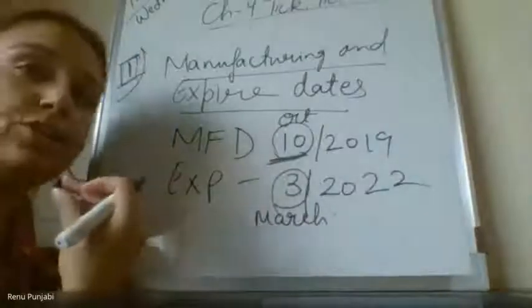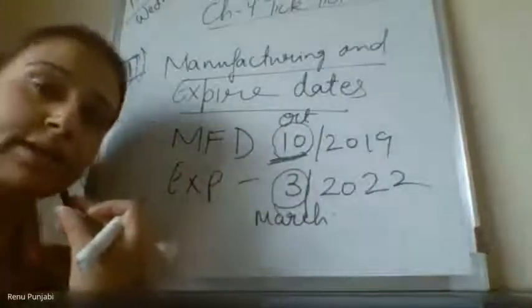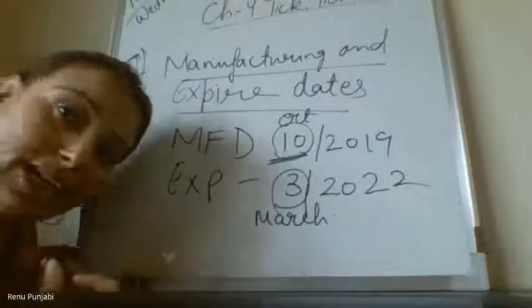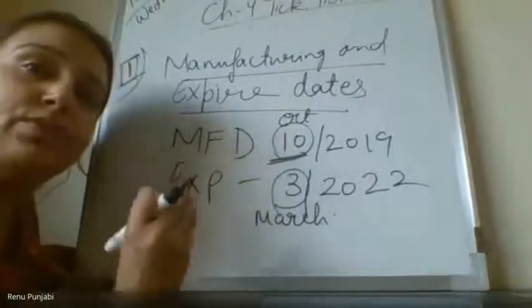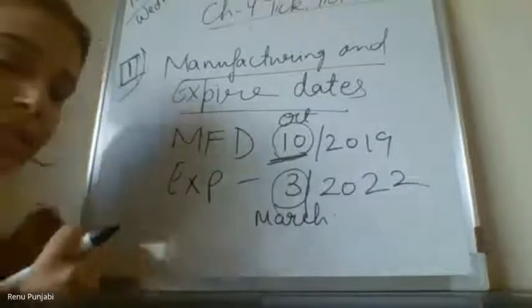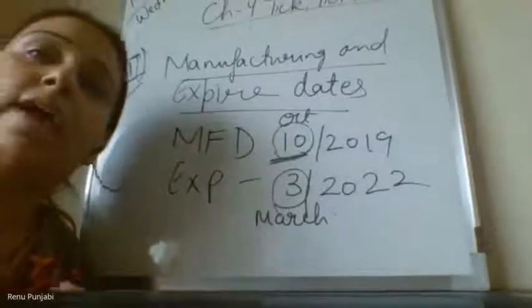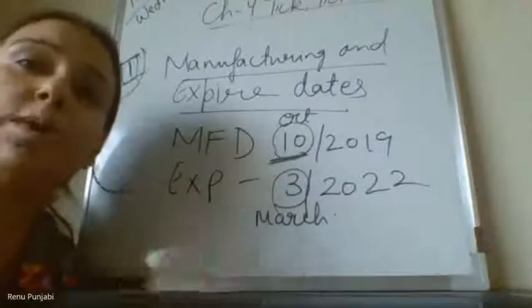Ma'am, but to expire one product, it takes 2 years. Some products can take 2 years, some can take 1 year, some can take 15 days only. It depends on the products. FMCG is fast movable products.